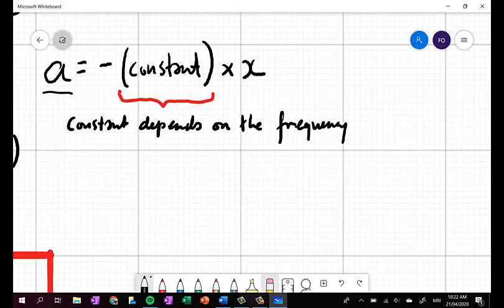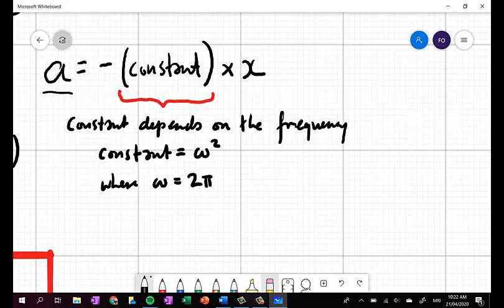And it's defined as constant equals something called omega squared, where omega is equal to 2 pi times f, or omega equals 2 pi over the time period. And it's measured in radians per second.